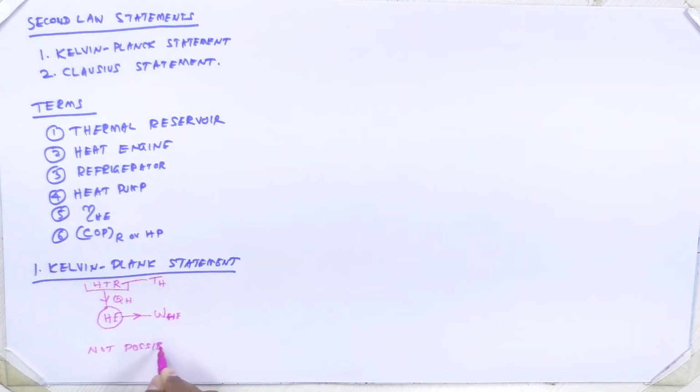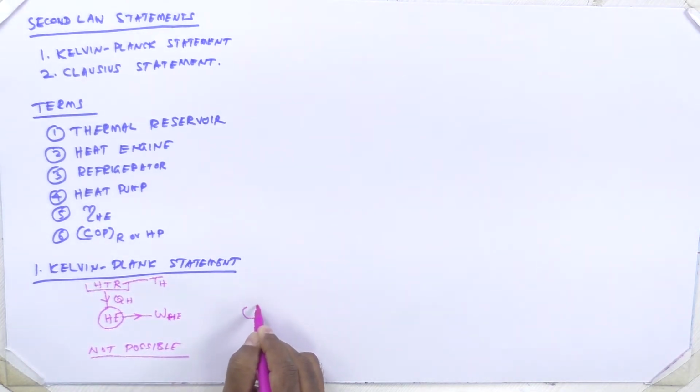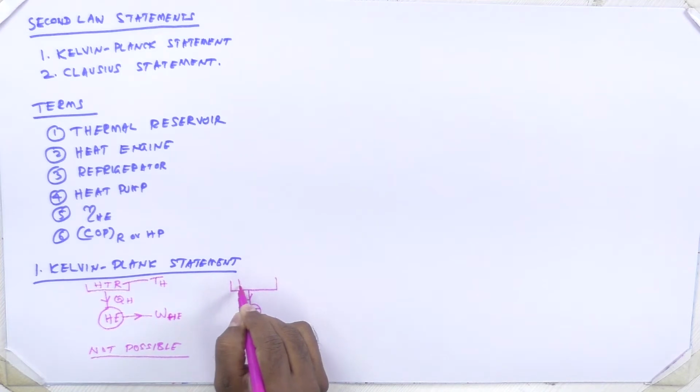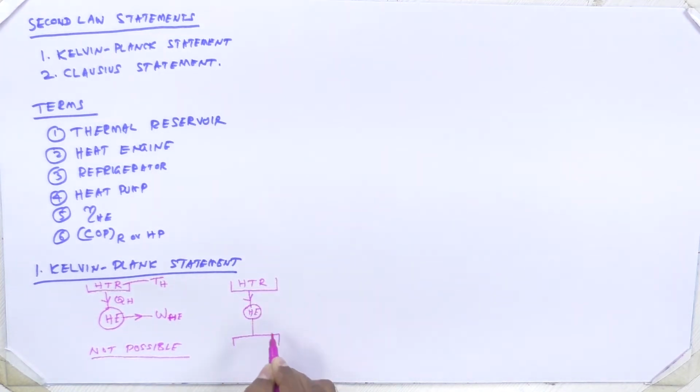It is not possible. Then what is a possible one? The possible one is a heat engine working in a cyclic process which receives heat from the high temperature reservoir and converts it into work output WHE and rejects some amount of heat into the low temperature reservoir.